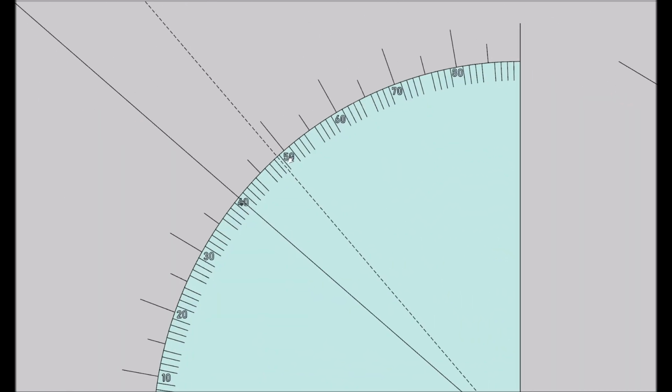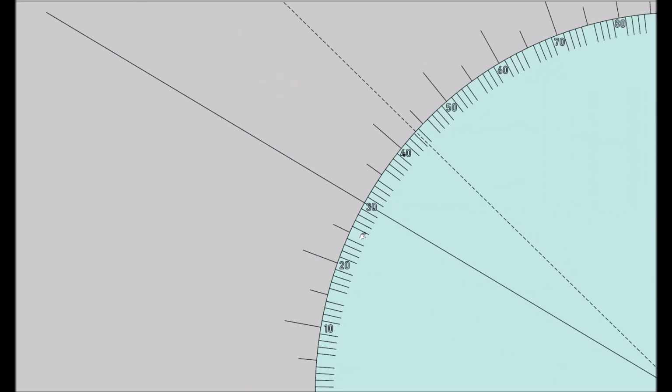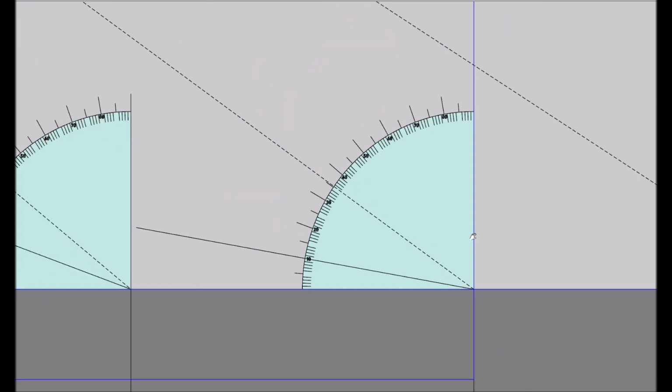Instead of 40, we've got 48 and a half roughly. Instead of 30, we're up to 43 and a half. As you can see, the divergence is growing with each step. From 20, we're now at 40. And from 10, we're all the way up to 35 and a half roughly.